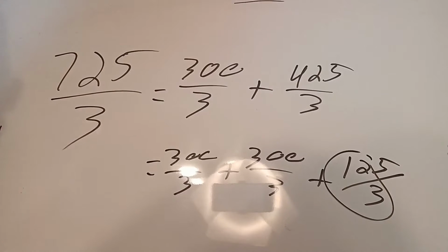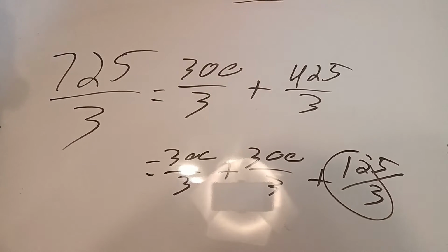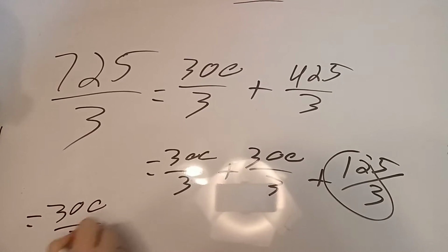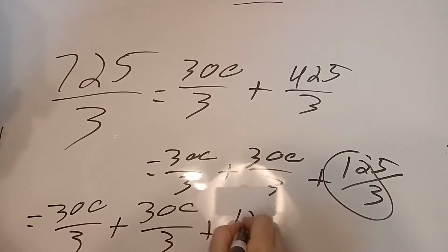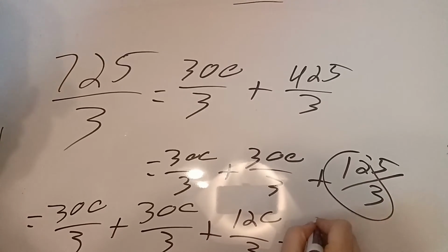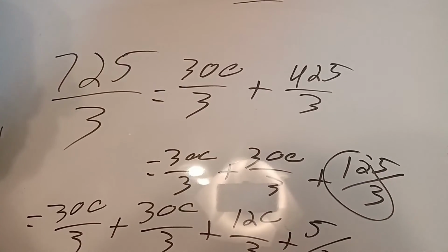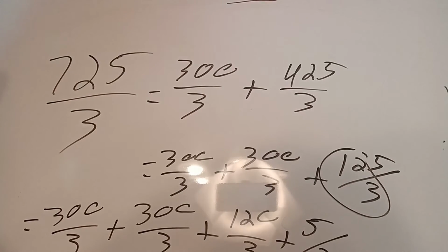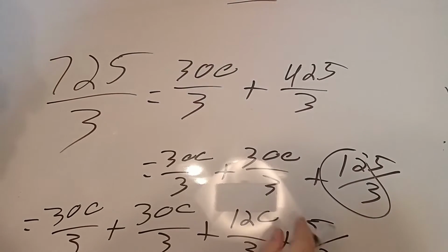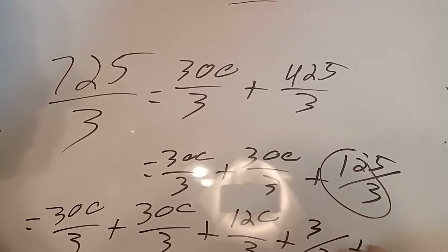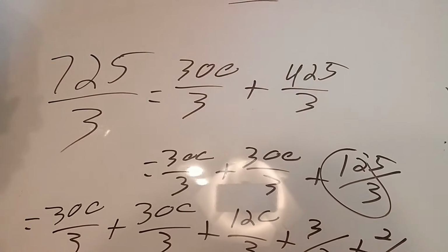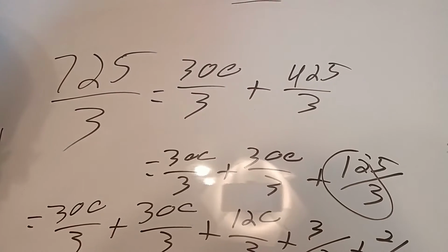So I'm going to pull 4 out. Okay, I'm going to move this over a little bit so I have room. Now I'm going to pull a 3 out of that, and I'm going to make it 3 over 3 plus 2 over 3.